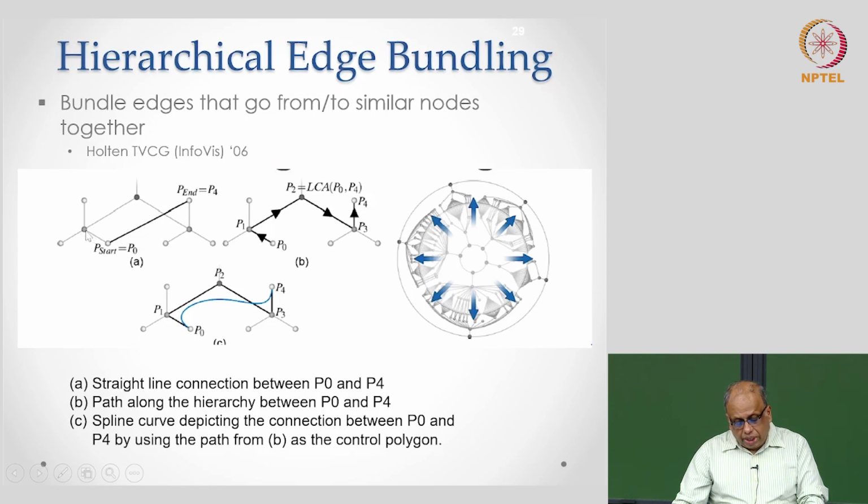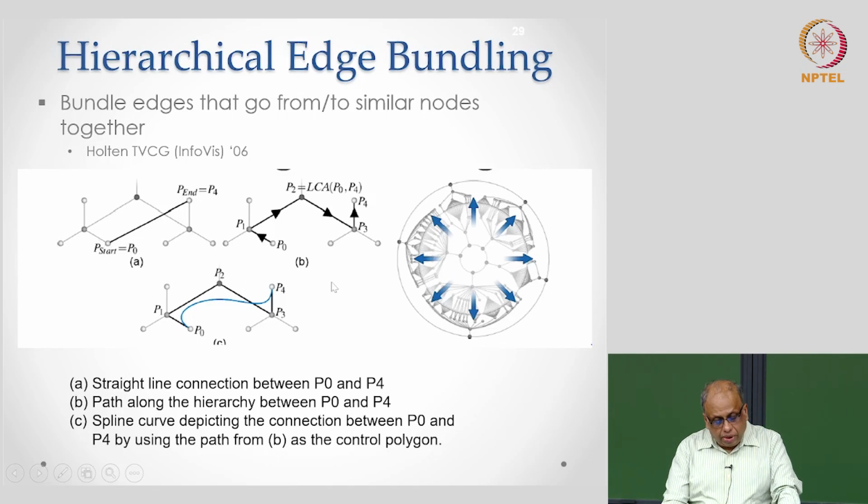Suppose you are interested in only two nodes, P0 and P4. They are not connected directly among each other, but from P0 it goes to P1, to P2, to P3, to P4. So instead of showing all these links, you can just draw one link from P0 to P4 to represent all of them.